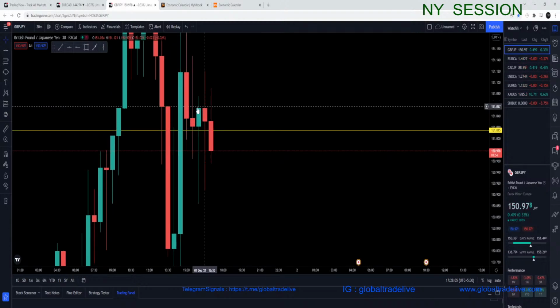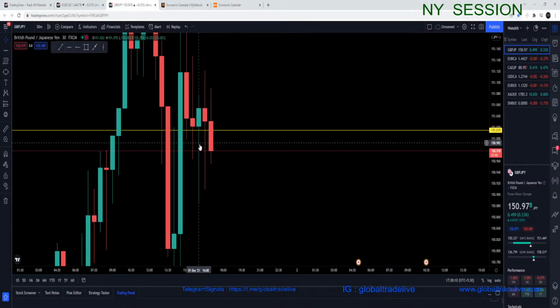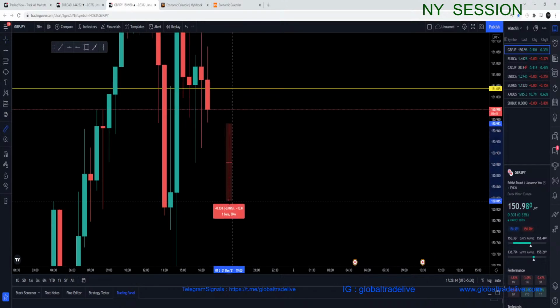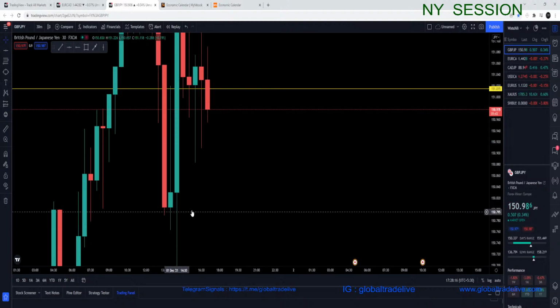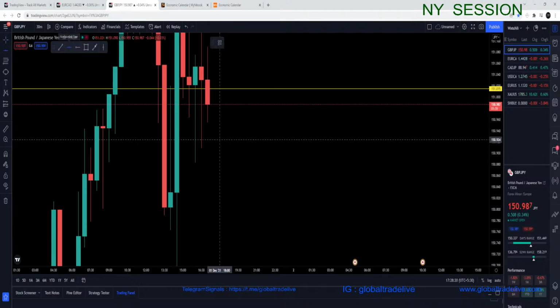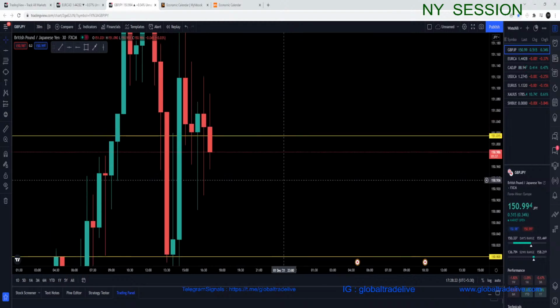That means this becomes a resistance, but to go all the way down it really needs to break this low to move down to this area.